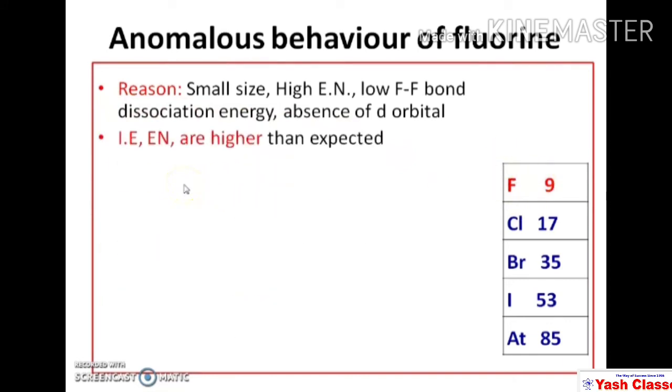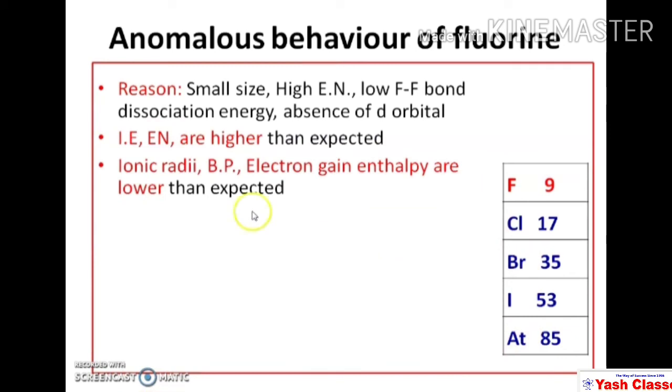Now first important point is ionization enthalpy and electronegativity. These are higher than expected as compared to other elements. This is one of the important points of distinction. Ionic radii, boiling point, electron gain enthalpy are lower than expected, or actually there is a specific trend of these physical properties in the periodic table from top to bottom.